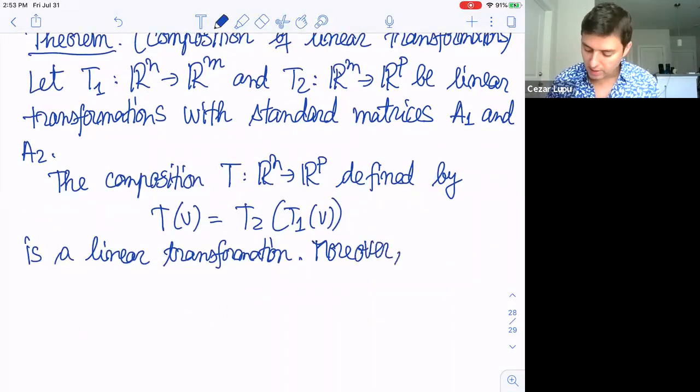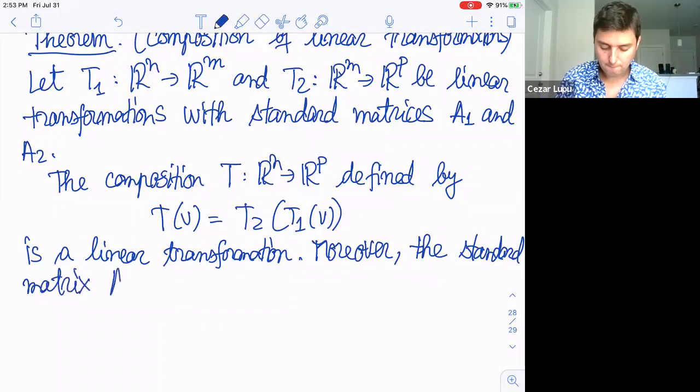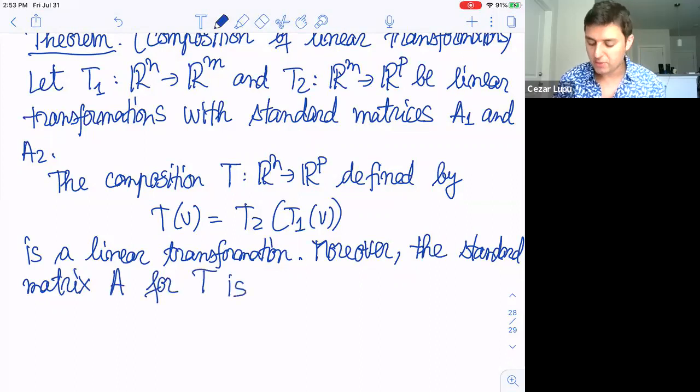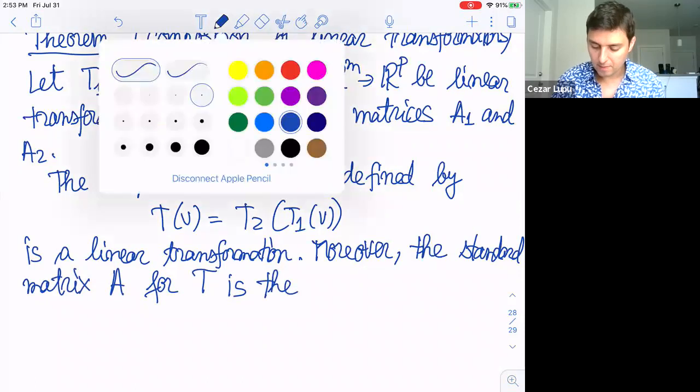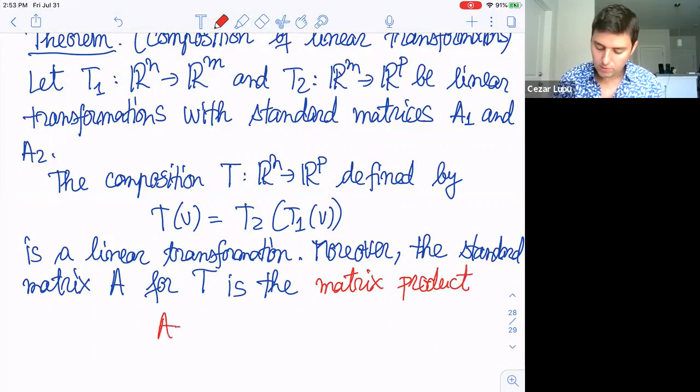Moreover, the standard matrix A for T is the matrix product A, which will be A2 times A1. That's it.